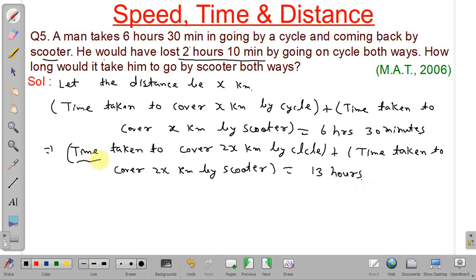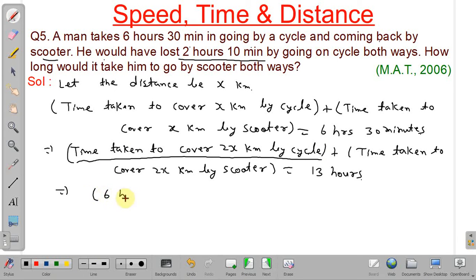Now what is this term? The time taken to cover 2x kilometers by cycle. Okay. So we can assume this as going x kilometers by cycle and coming x kilometers by cycle, and it is given that 2 hours 10 minutes plus 6 hours 30 minutes.